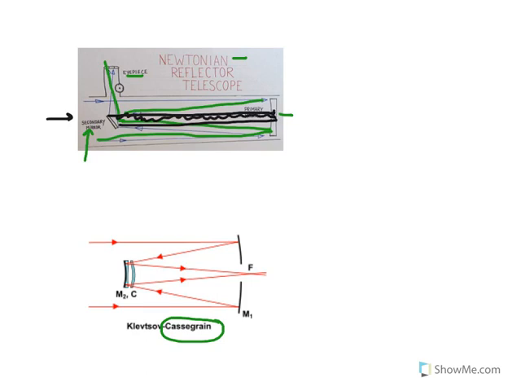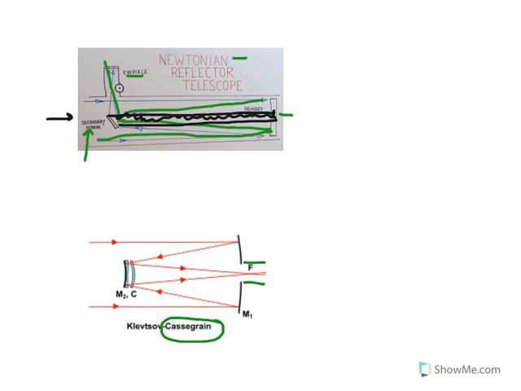So no light is hitting that part of your primary mirror. So Cassegrain said, well, okay, if I'm not going to use that part of my mirror, let's just cut a hole in the mirror. And instead of reflecting the light out the side, let's reflect it out the back of the telescope.